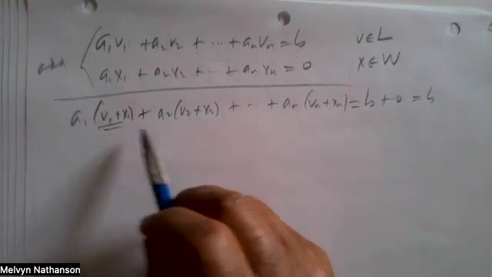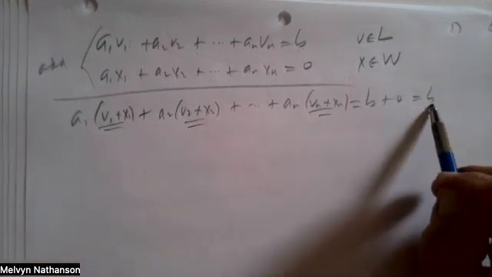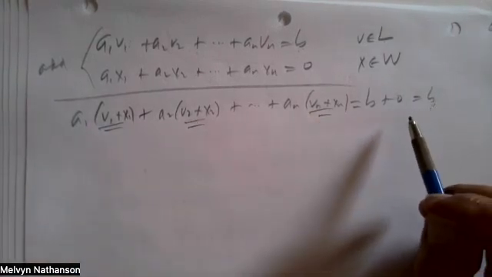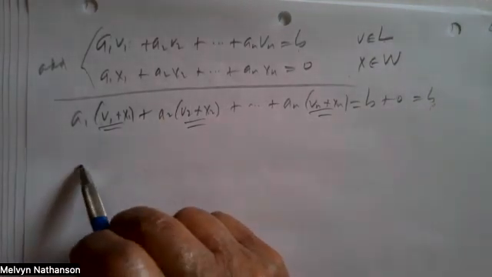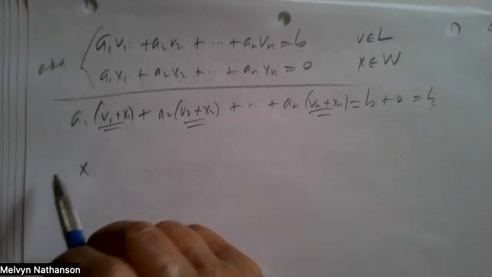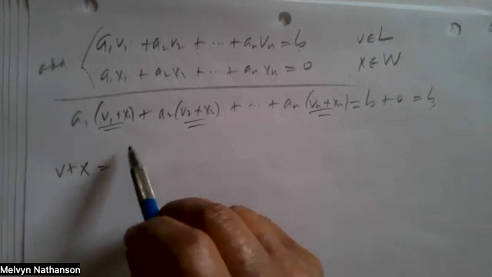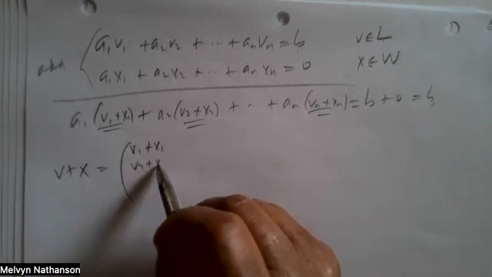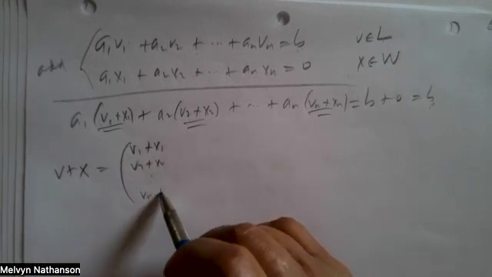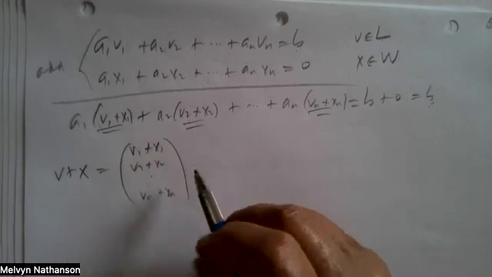So the vector V plus X, which has coordinates v1 plus x1, v2 plus x2, down to vn plus xn, is a solution of the inhomogeneous equation.